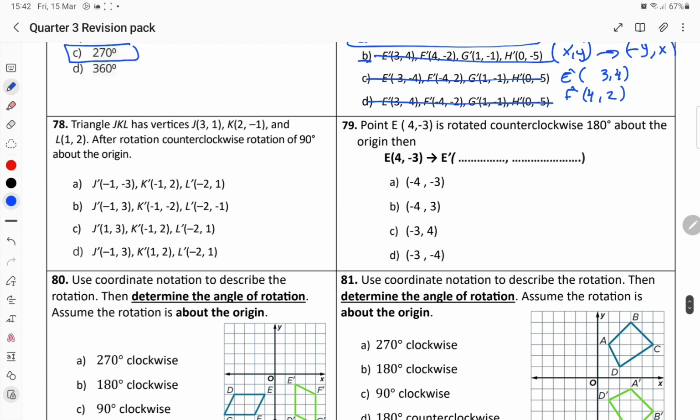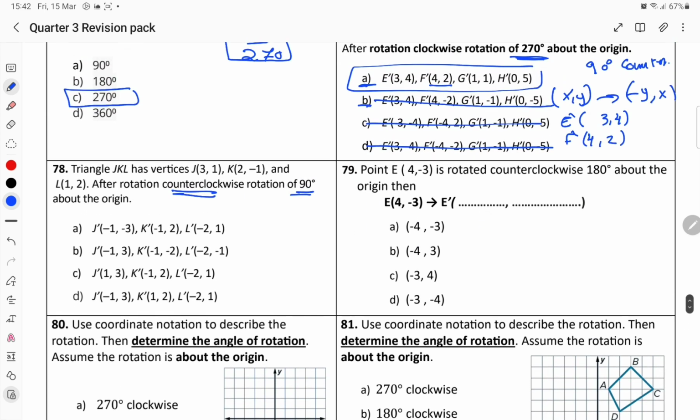Triangle JKL has vertices (3, 1), (2, negative 1), and (1, 2). After rotation counterclockwise of 90, the same thing here: (x, y) becomes (negative y, x). So 3 and 1, J prime becomes 1 and 3.